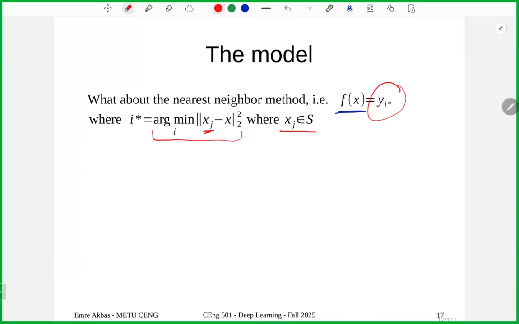We find the closest one, and this index is the index of the closest example in the training set, and we call it I star, and y I star is the label that we are looking for, right? Okay, so what do you think? Is this a linear model or non-linear model?